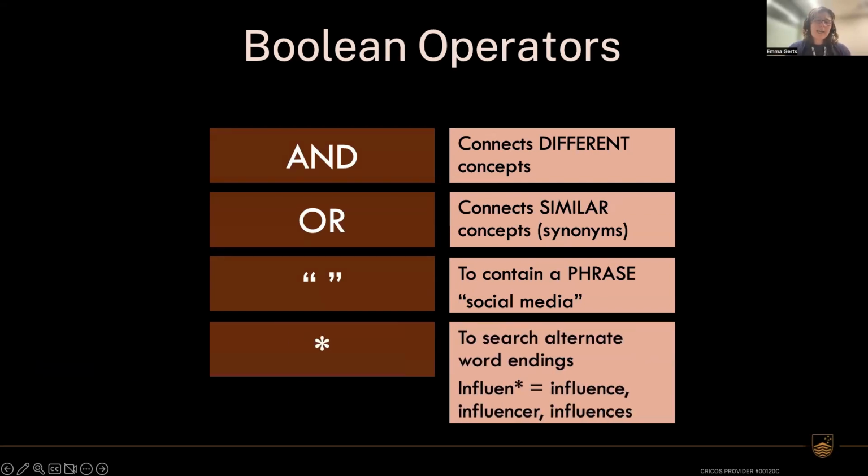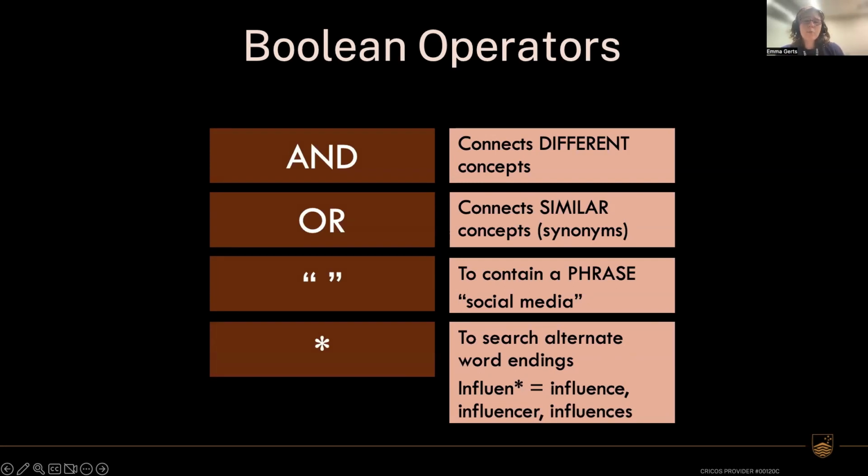And the last one is kind of an added bonus extra. You probably don't need to worry about this one until you're getting into slightly more advanced searching. But this is what we call a truncation symbol. So we use the asterisk symbol on our keyboard. And basically what the truncation symbol does is it allows you to search for alternate word endings.